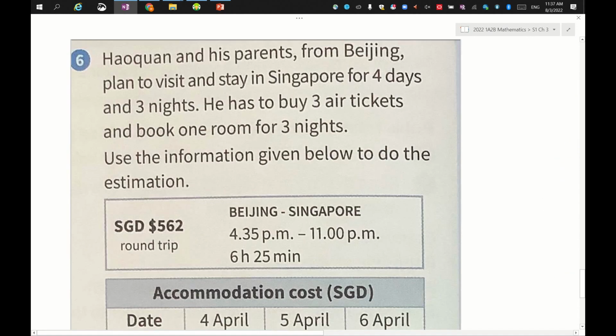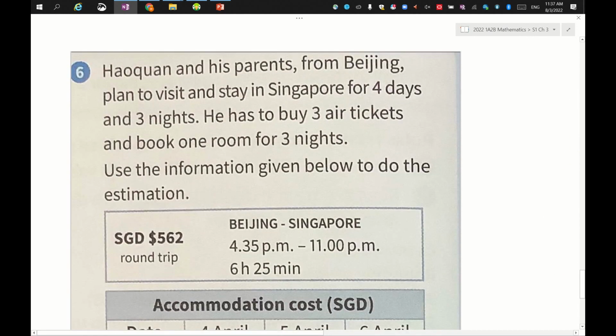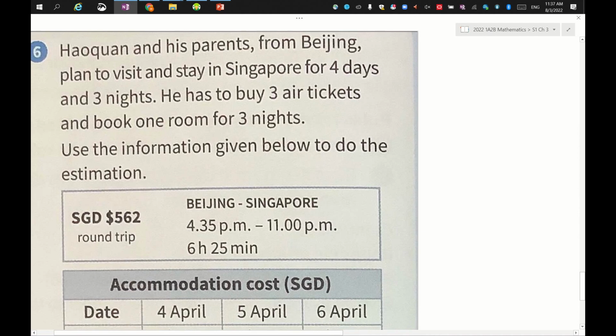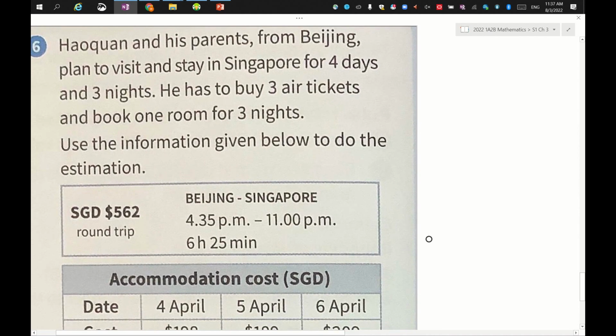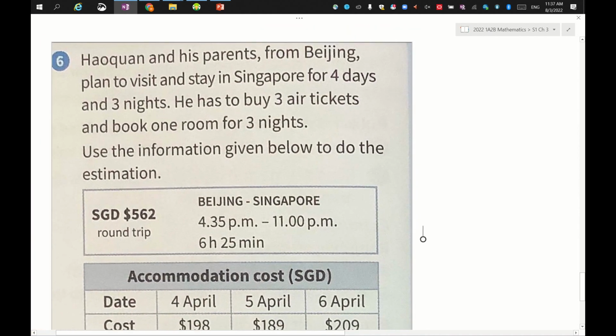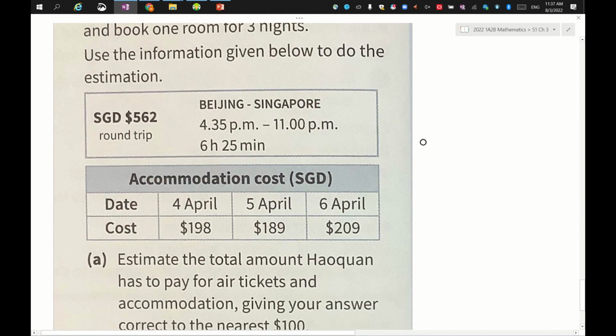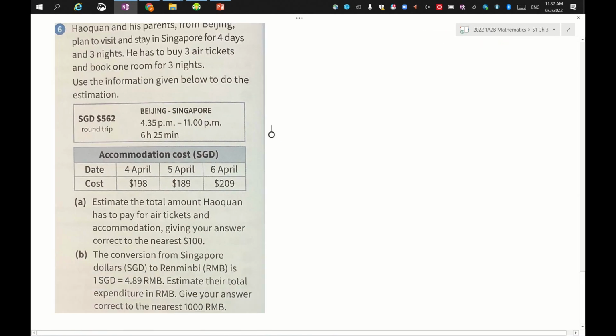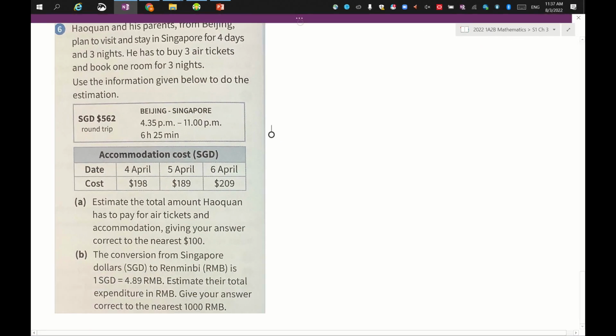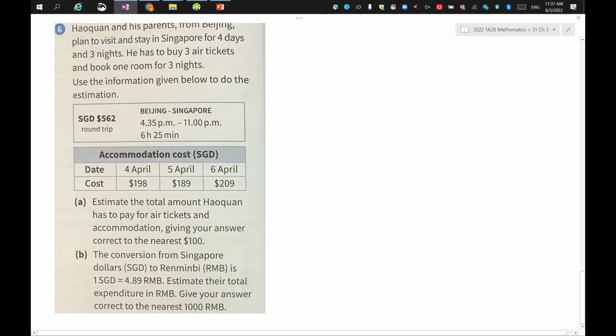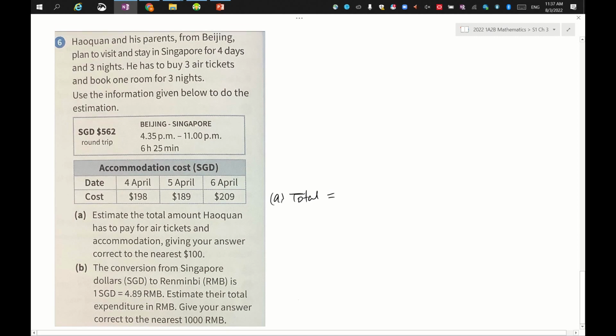Okay, next one. We've got Hao Chen and his family from Beijing who want to stay in Singapore for 4 days, 3 nights. Needs to buy 3 air tickets, book 1 room, 3 nights. Estimate the total amount that he has to pay for ticket and accommodation. So part A, total is supposed to be Hao Chen and his parents, right?